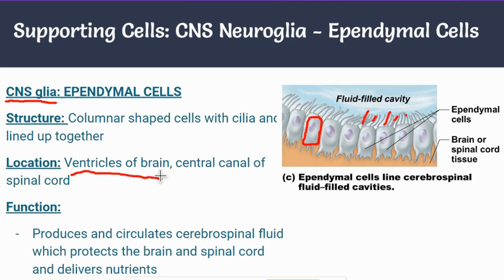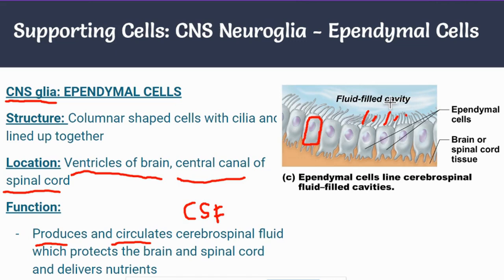So those are like spaces within the brain, and the central canal of the spinal cord. But basically, their function is they produce and circulate what's called cerebrospinal fluid, or CSF. So they produce it, and they also circulate the cerebrospinal fluid that's found in your brain and spinal cord.